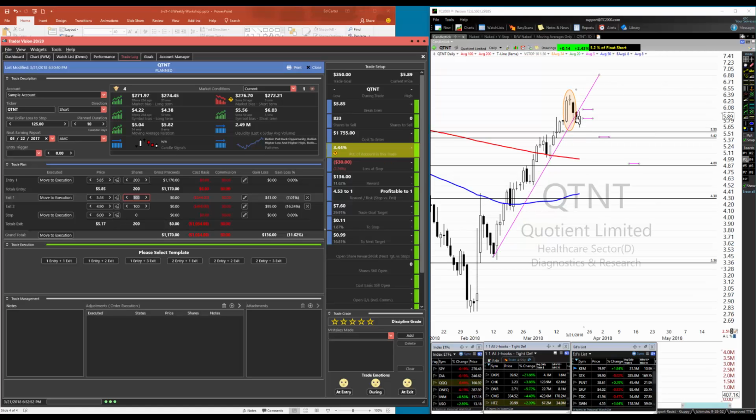I don't see enough of a reason to short, and to me, I don't know that it's broken this uptrend. I don't know that I would draw it that tight. Maybe, but maybe not.